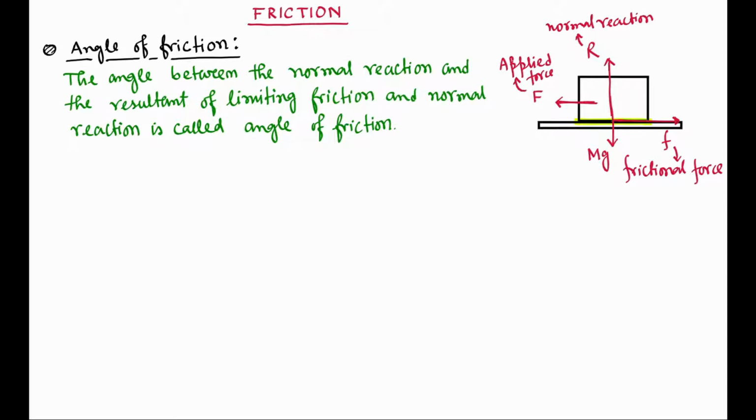There is a resultant vector in between R and F. We can draw a parallelogram here. The diagonal gives the resultant vector. Suppose this is R prime.